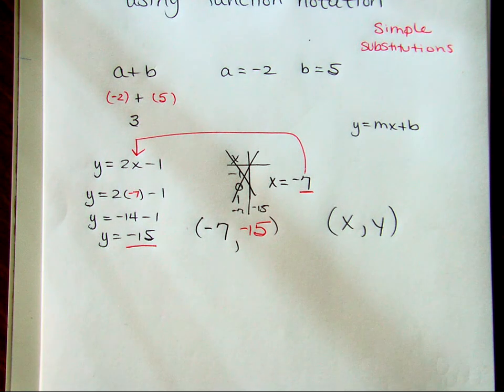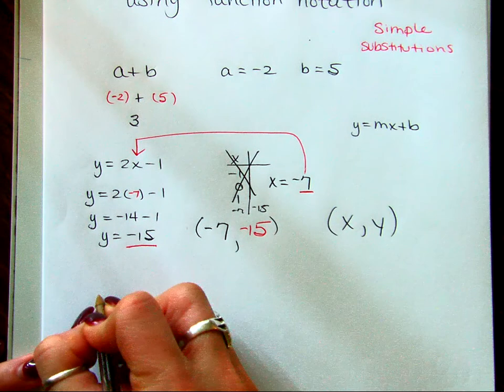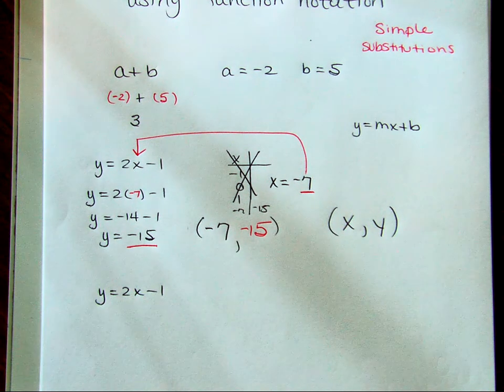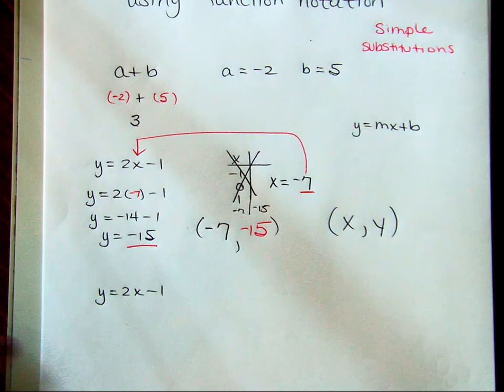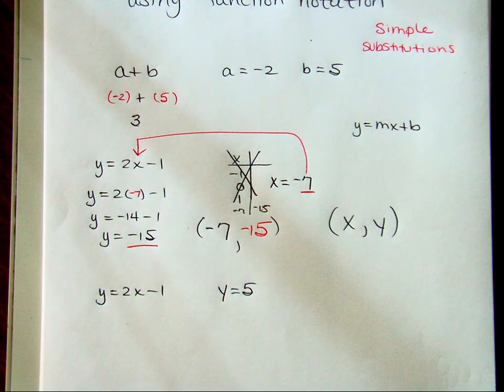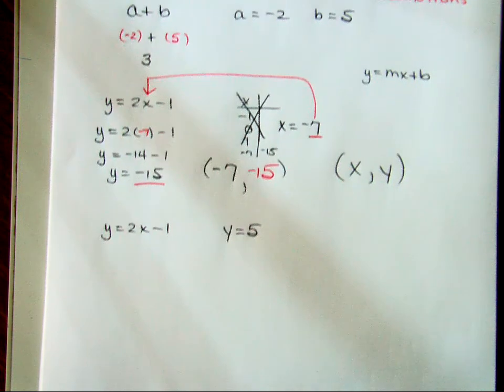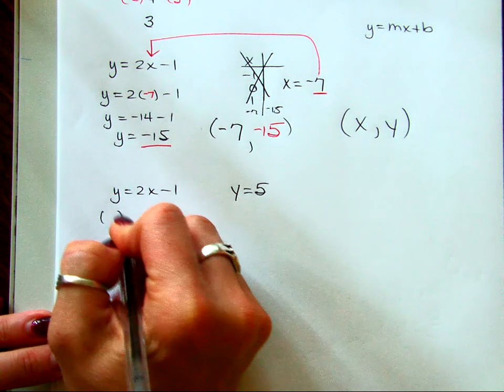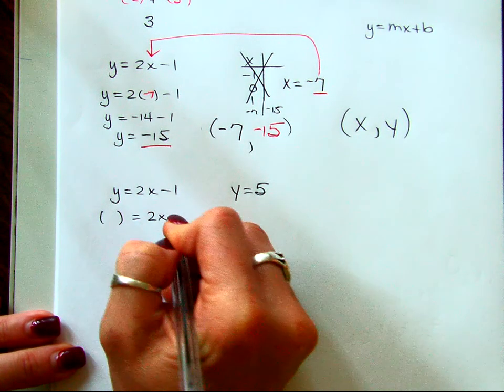Okay? The substitution is a little trickier when I give it to you this way. So let's say y equals 2x minus 1, except instead of giving you x, what if I gave you y? What if I said, okay, let's make y 5. Let's look at the difference between the math that we would have to do. Here, you're going to put that in there, and you get 2x minus 1.